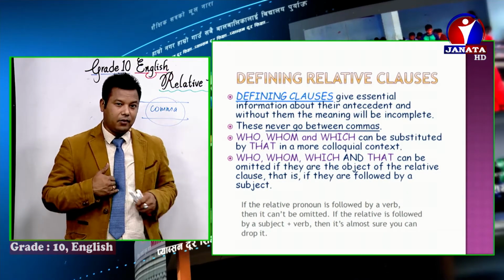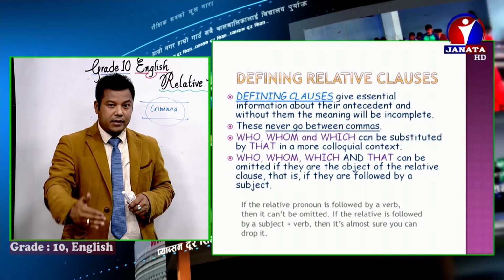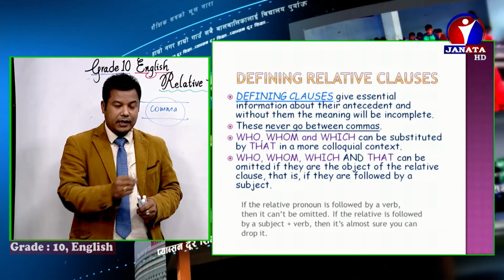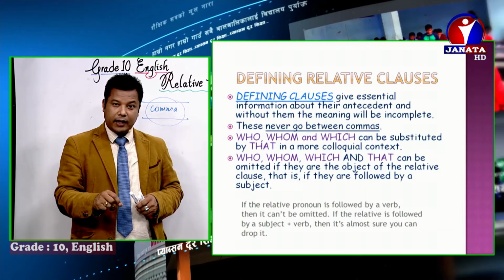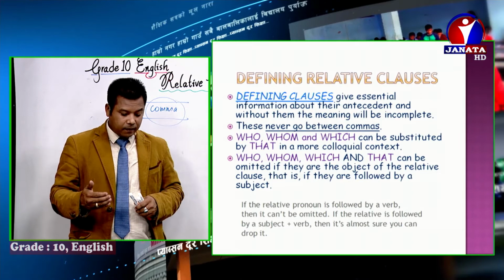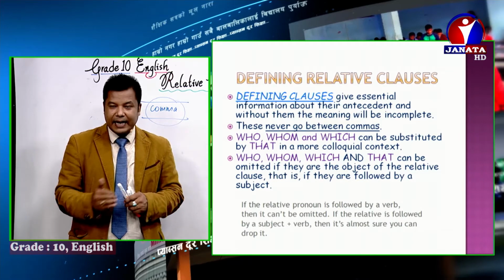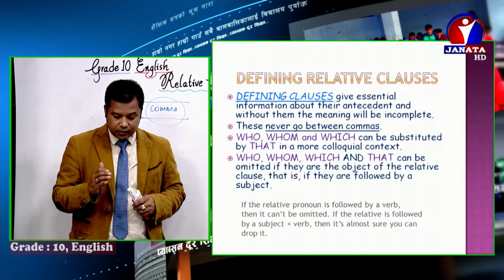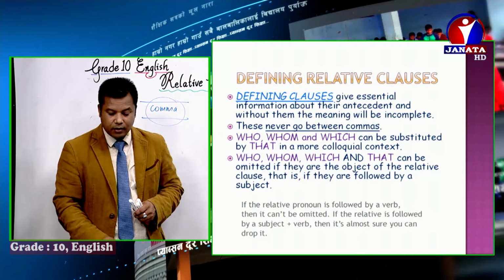Quite complex, I know. You won't understand unless we see the sentences. So the next slide will present you those ideas and I will highlight them for you. The last information, for better grip: if the relative pronoun is followed by a verb, then it can't be omitted. But if the relative pronoun is followed by a subject plus verb, yes, we can.